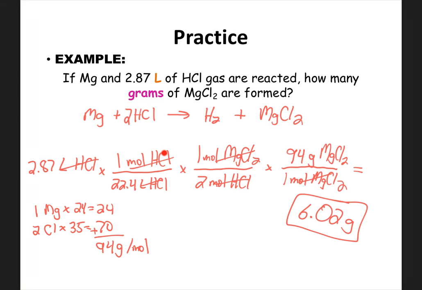Anytime you have liters involved, there's always 1 mole for 22.4 liters. And anytime you have grams involved, there's always 1 mole for the number of grams. Okay, I needed the molar mass here of the MgCl2, so I had to show the actual work for that. All right, so write and balance the equation correctly first for every stoich problem.